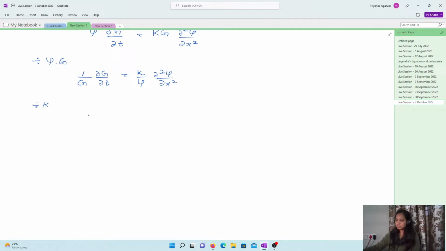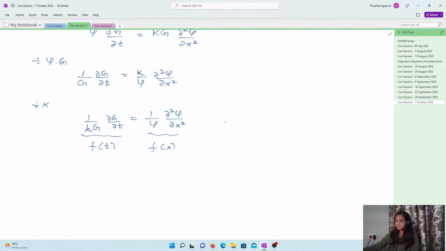Then the given equation takes the form 1 by k g del g by del t equals 1 by psi del square psi over del x square. So this is a function of x only and this is a function of time only.